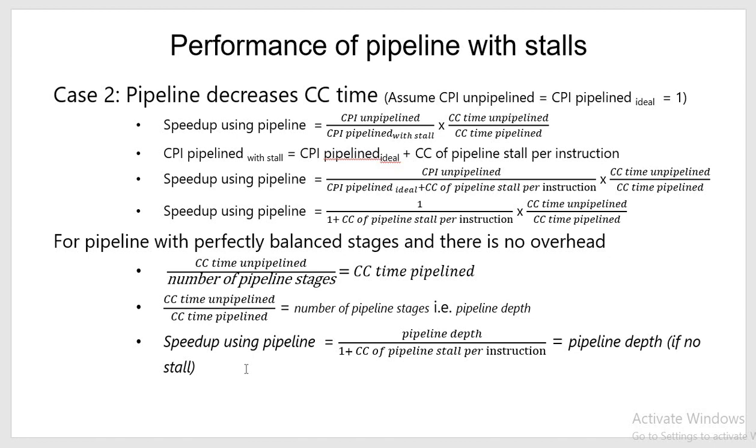If stalls are introduced, then what will happen? Okay, so this is all about what a hazard is, what the impact of the hazard on the performance of the pipeline structure is, and how the performance of the pipeline structure can be evaluated with and without the impact of the hazard. Thank you.